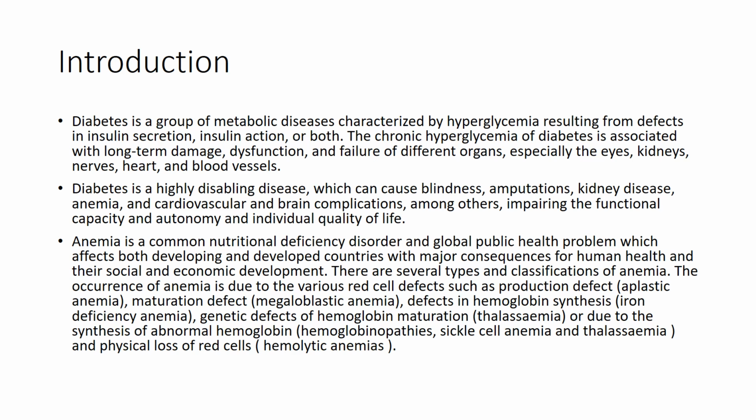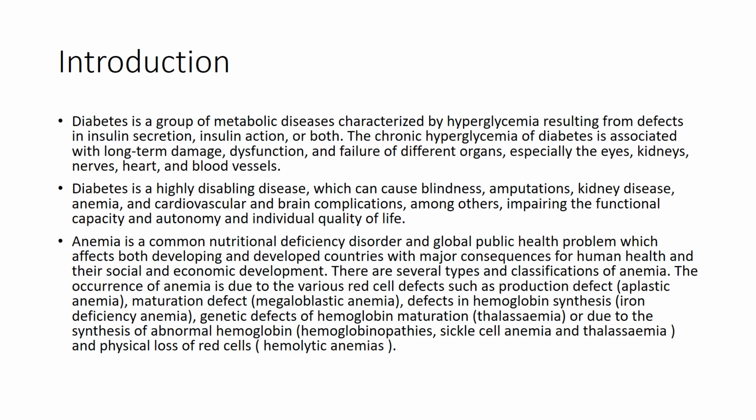Diabetes is a group of metabolic diseases characterized by hyperglycemia resulting from defects in insulin secretion, insulin action, or both. The chronic hyperglycemia of diabetes is associated with long-term damage, dysfunction, and failure of different organs, especially the eyes, kidneys, nerves, heart, and blood vessels.